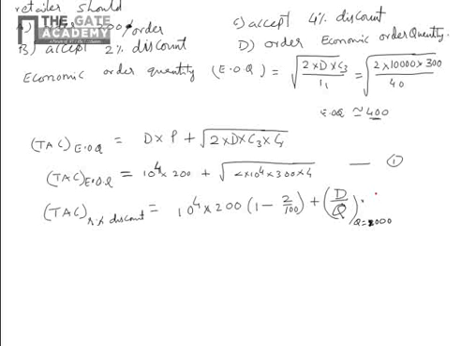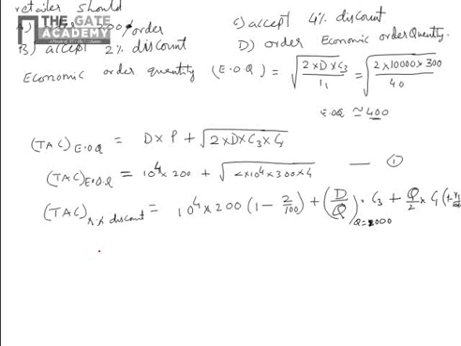You need to multiply the number of orders by the ordering cost, plus Q by 2 into C1, into 1 minus R by 100.